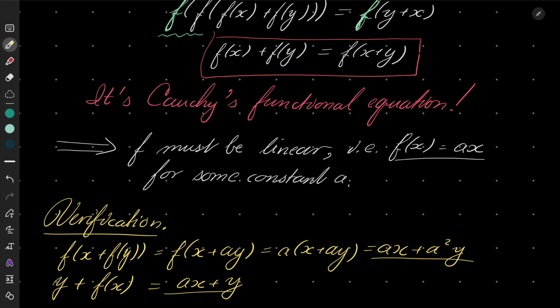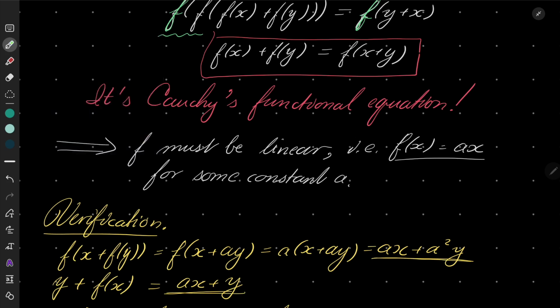So if this should be equal for every x and y, there are only two possibilities. Either a equals 1, because then we have x plus y on both sides, or a equals minus 1, because then we have minus x plus y on both sides.